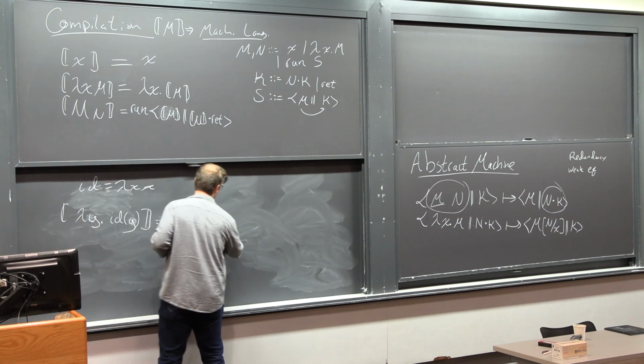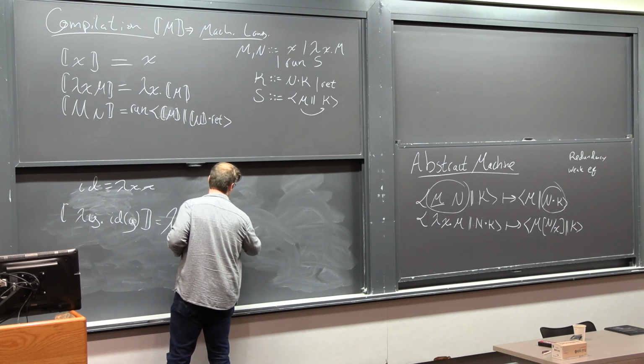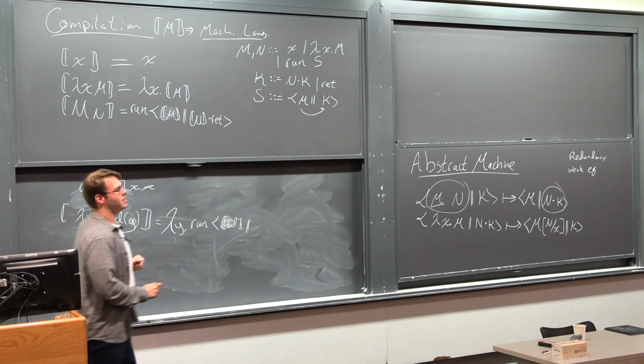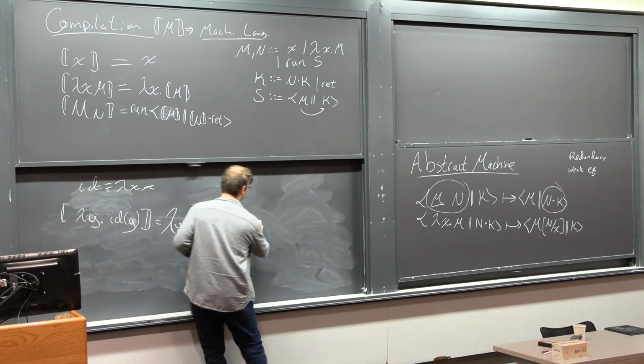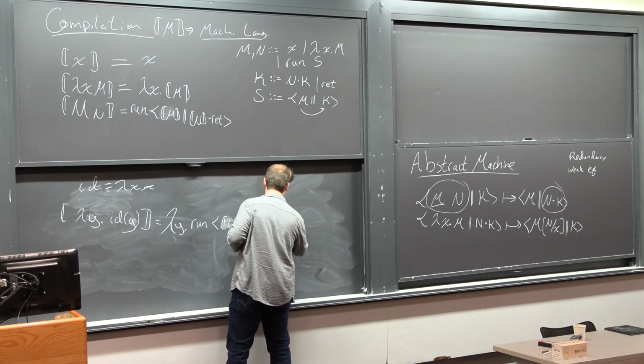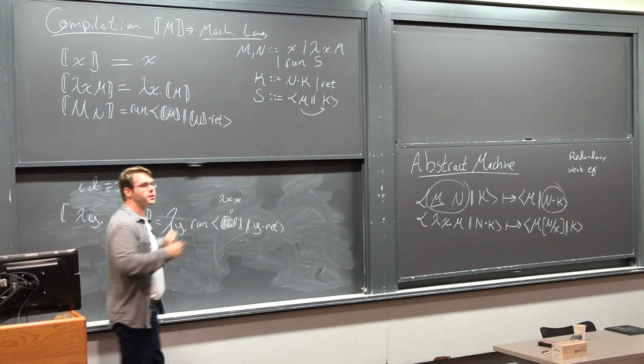And what does the submachine say to do? It's going to be the identity function. Well, technically, I compile the identity function. And then what's the argument? It's y. And then what do we do after passing in y? We return. Right? And this compilation of the identity function is lambda x, x, if you go through all the cases.